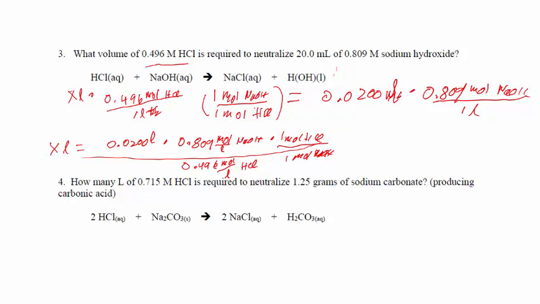So moles NaOH cancels with moles NaOH, moles HCl cancels with moles HCl, liters cancels with liters, and again I have 1 over 1 over liters, which is equal to liters. That's my units. And crunch the numbers.